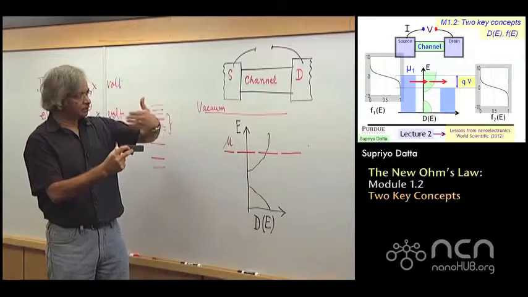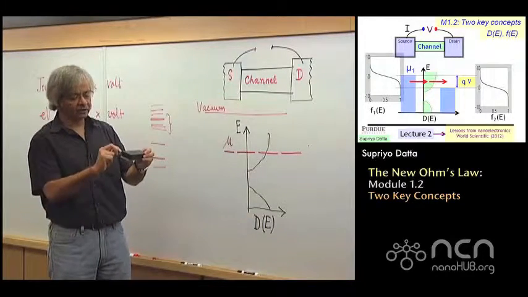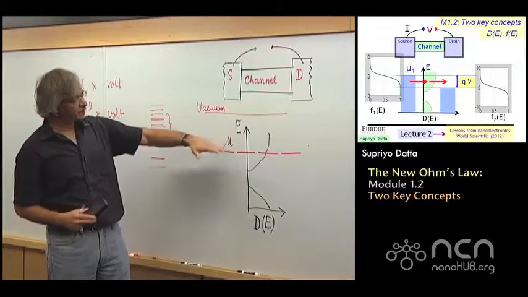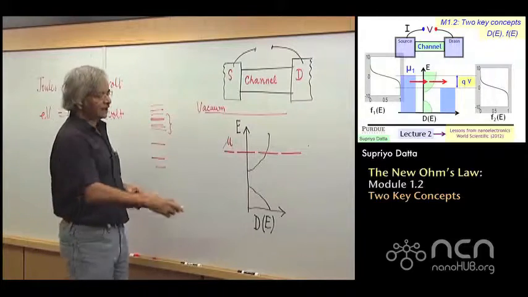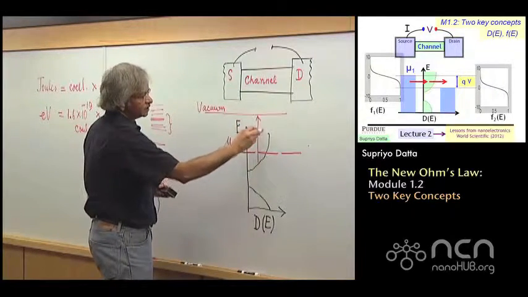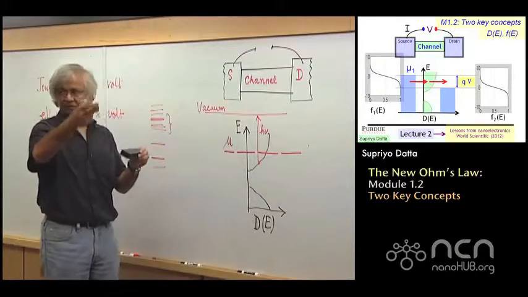Once it is out, that's when the energy is somewhere here. And so if I want to knock an electron from inside the solid out here, I have to hit it with light whose energy is large enough to take the electron from here and place it outside the solid.